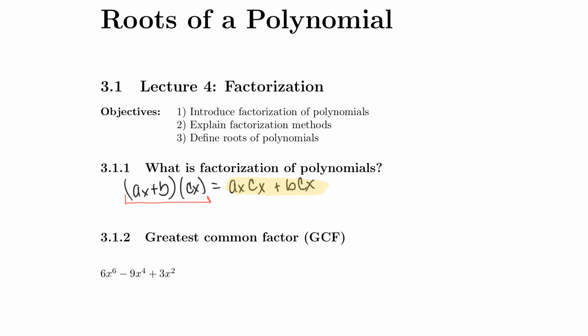Also, factorization helps us find the zeros of a polynomial. What do I mean by zeros of a polynomial? Well, it means that you find the numbers that make that polynomial equal to 0. Usually, this is also reflected when you graph the polynomial.